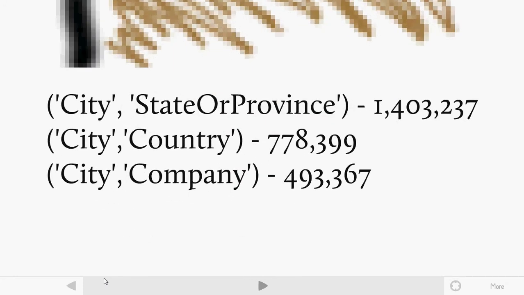So some of our sample data that we've run, like I said earlier, we've been running on 1,000 unique Wikipedia pages. Some of our top results have been a city is related to a state or province, and that has shown up 1.4 million times. A city is related to a country, shown up nearly 800,000 times. And a city is related to a company, and that's shown up 493,000, almost 500,000 times.